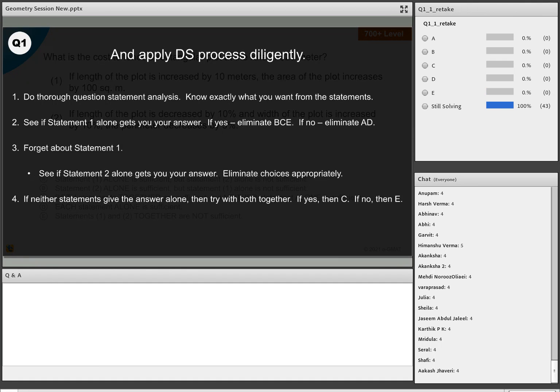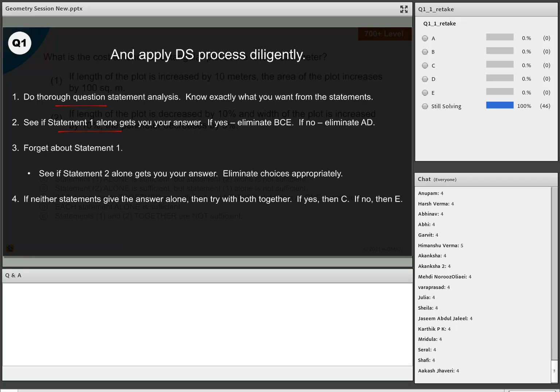So before I move into that, I just want all of you to run through the DS process very quickly once. Always make sure that you do a thorough question statement analysis. You have to understand what the question statement is telling you. Draw every piece of information that you can get from that statement. Then go to statement one. See if that gives you the answer.